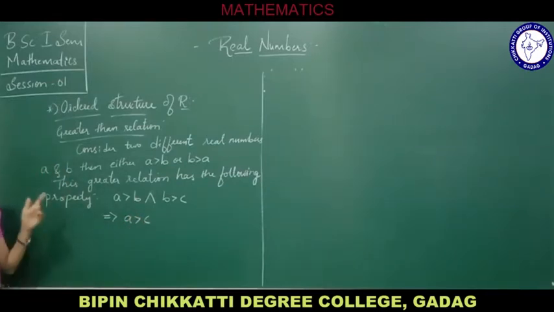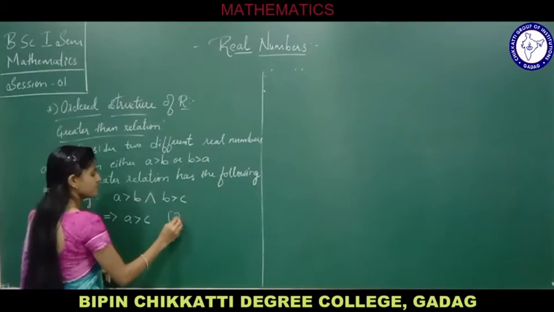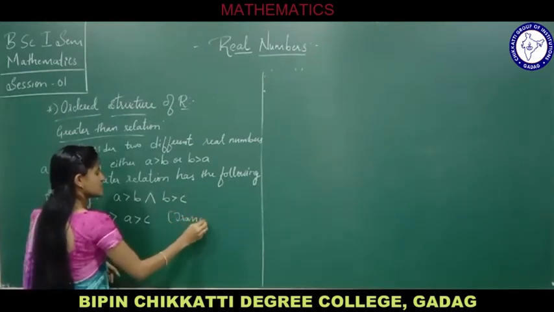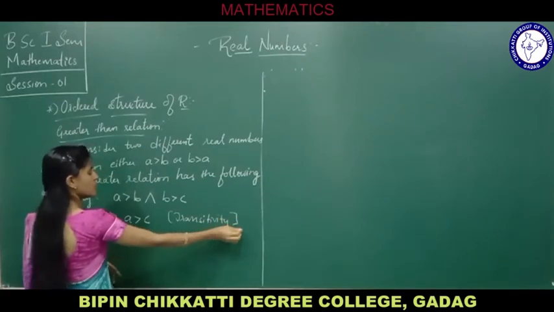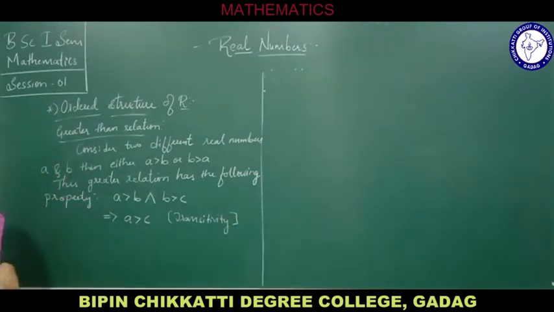This property of the relation greater than is called transitivity. This word is not new to us because we have already studied it in set theory. So this is the ordered structure of R.